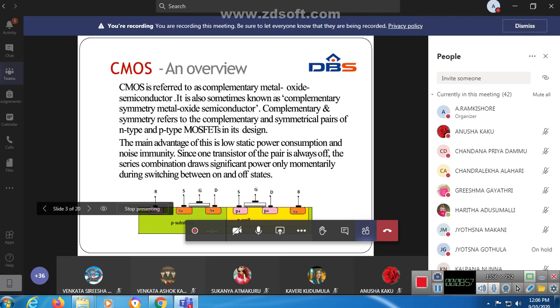This complementary metal oxide semiconductor is used in many circuits, such as adders, subtractors, encoders, decoders, multiplexers, and many combinational and sequential circuits.